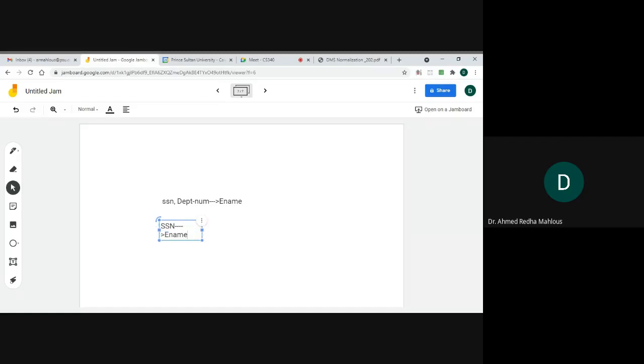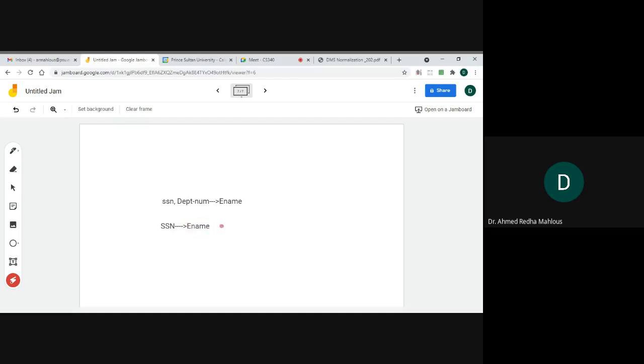We don't need all the attributes on the left-hand side to determine the right-hand side. That means this e-name is partially dependent on only SSN. That's why I shouldn't have this one, because I don't need it on the left-hand side. Knowing SSN, automatically I give you e-name.